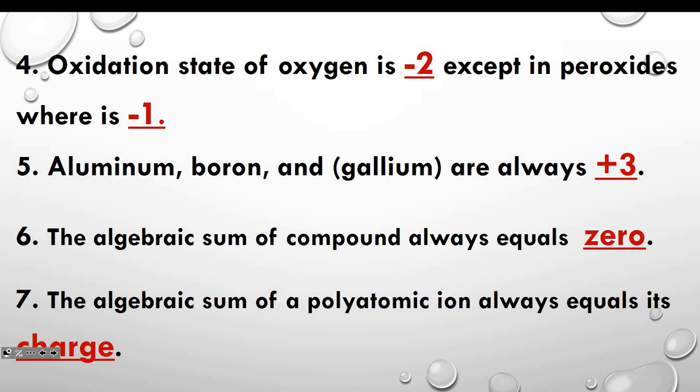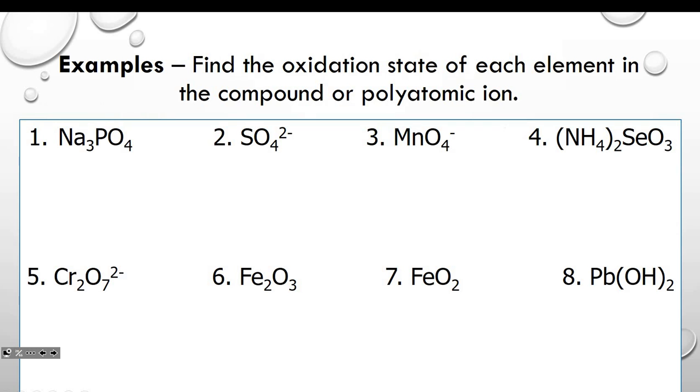All right, so let's use these. Breaking it down. What do we know for sure? Sodium's in column 1, right? I have 3 of them. Sodium is a +1 charge. I know that. Plus, do we have a rule for phosphorus? No. It's going to be my X. Plus, I have 4 oxygens. Do we have a rule for oxygen?